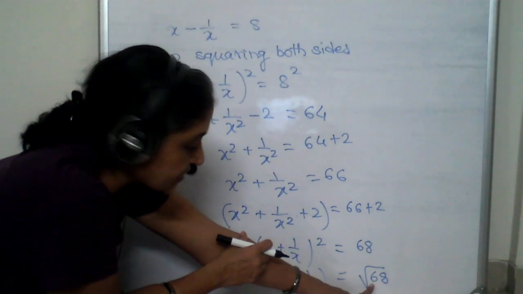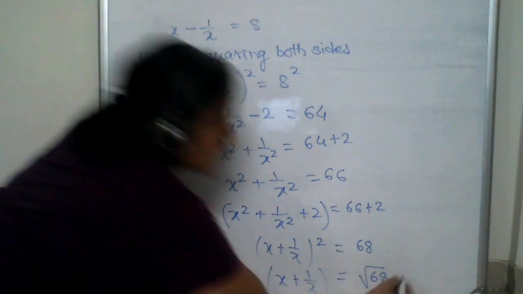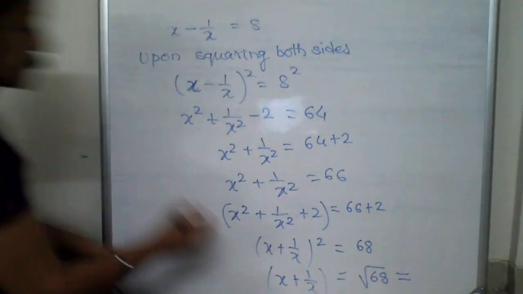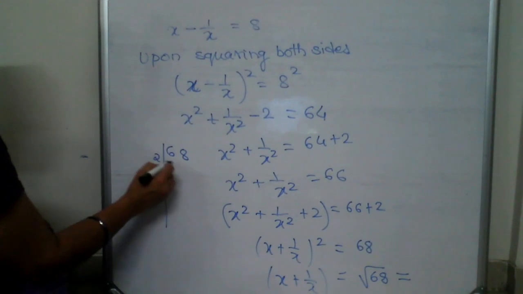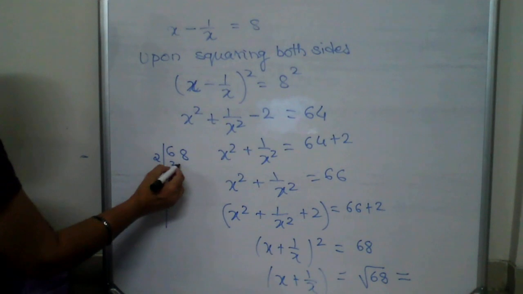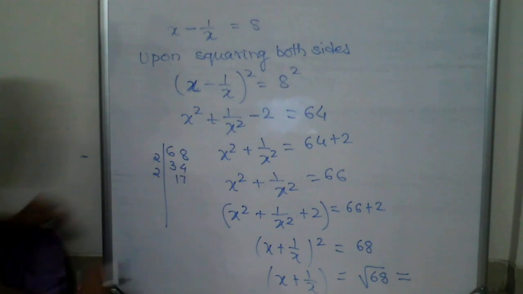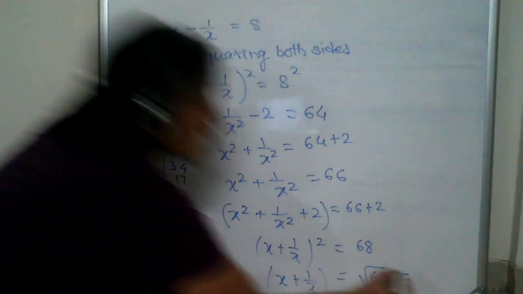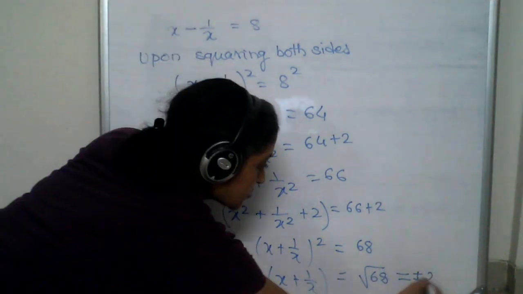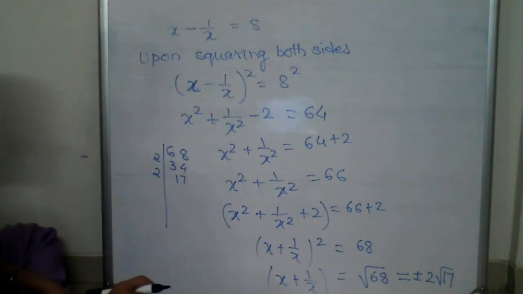We'll see what the prime factors of 68 will be. 2 2s are 4, 2 17s are 34, so it is 4 into 17 we will get. 4 means 2 can be taken outside, plus or minus 2 root 17. You can write this as 2 root 17.